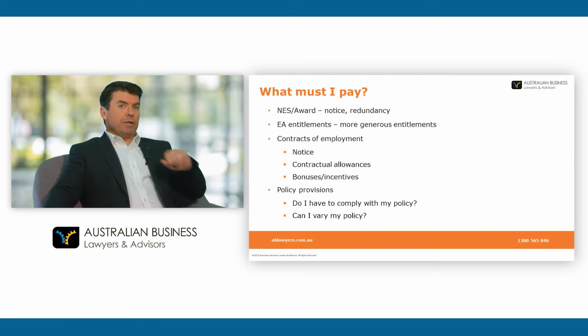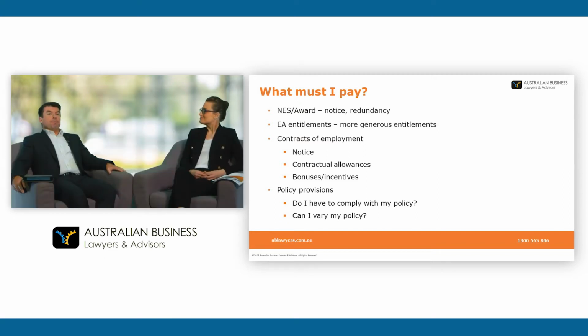And lastly, I just wanted to come back to bonuses or incentives. If you do not have a properly written contract and bonus policy that might go with that, around your discretion to make those payments, if it's a discretionary policy, or you don't have the right language around the employee needing to be employed at the time the bonus should be paid, then there may be, and there likely is, an ongoing obligation to pay that person a trailing commission or a bonus, even though they have been made redundant and are leaving the business.